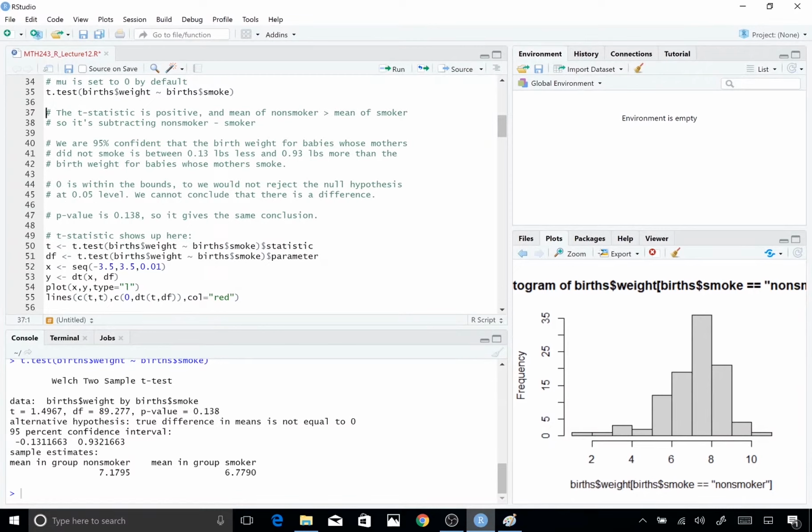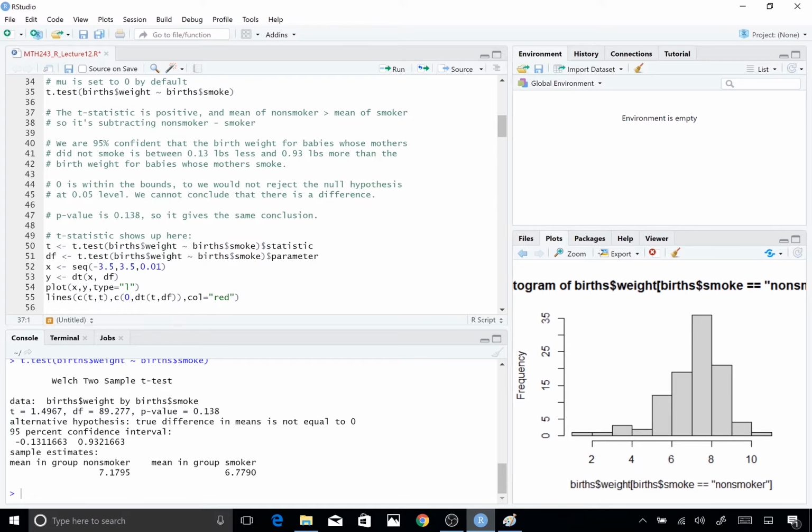In the R output, the t-statistic is positive. The sample mean of the non-smoker group is higher than the sample mean of the smoker group, so we can tell that R is subtracting non-smoker minus smoker. When we're doing a two-sided test, the p-value will come out the same no matter which direction you subtract. I set up the test as smoker minus non-smoker, and we get the same conclusion.